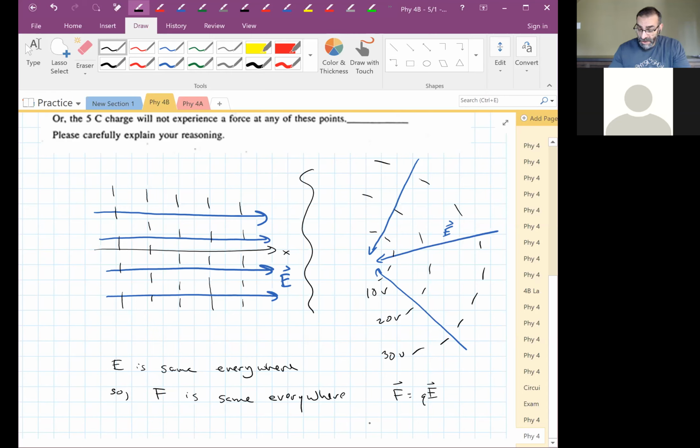Not the force between charges. There's only one charge, right?